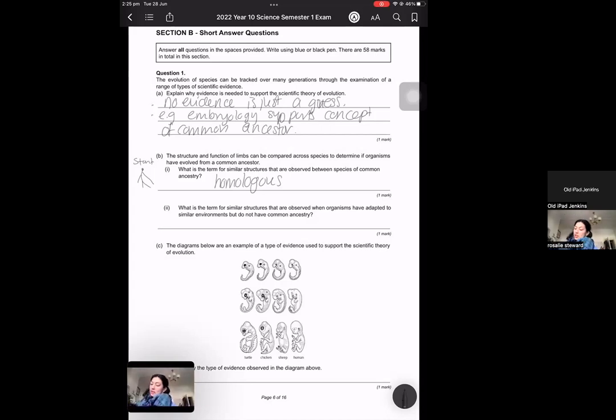The term for similar structures that are observed when they've adapted to similar environments but do not have similar common ancestry would be analogous. I know I said all species have common ancestry, but the idea here is not super recent common ancestry. A good example could be a bat and a bird.